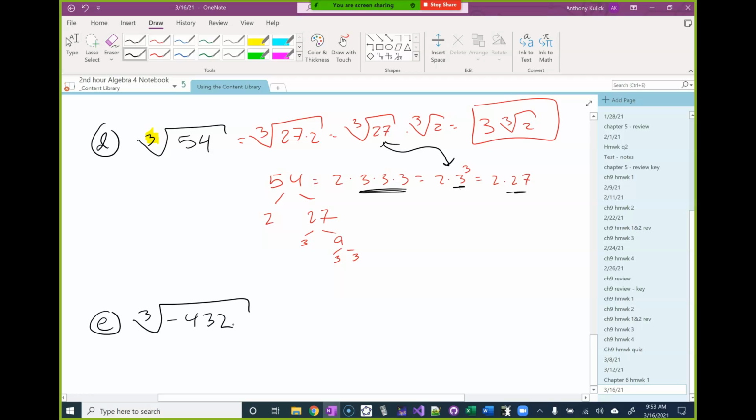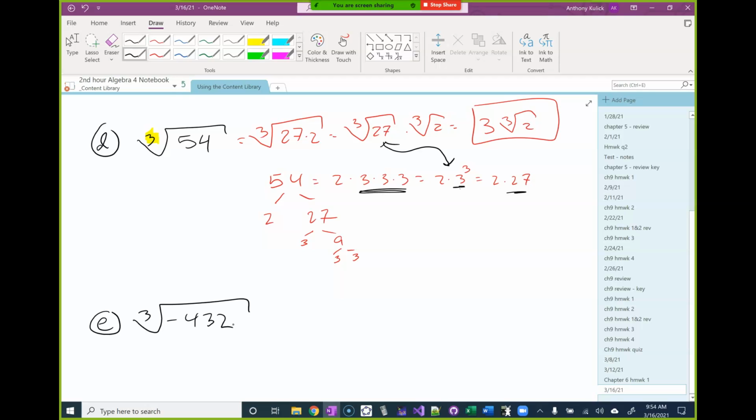Does the same thing hold true about a cube root, though? Well, let's think about if we can get a negative number if we cube something. So let's just pick negative 1. What's negative 1 cubed? Well, that's negative 1 times negative 1 times negative 1, which gives us negative 1.